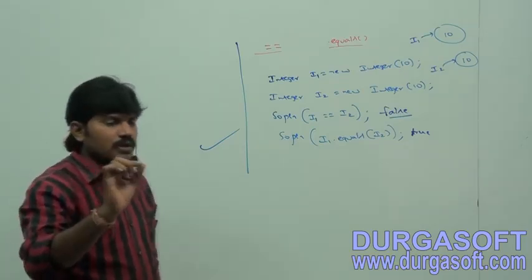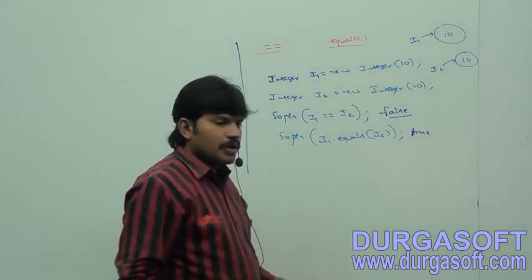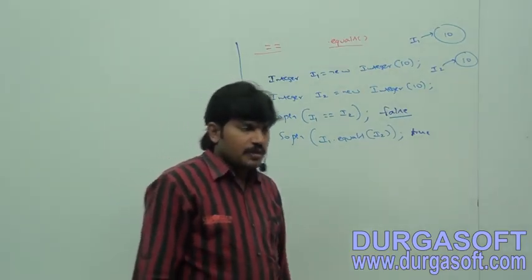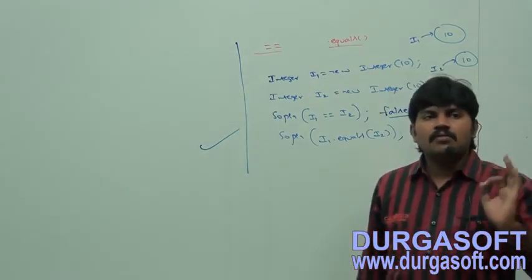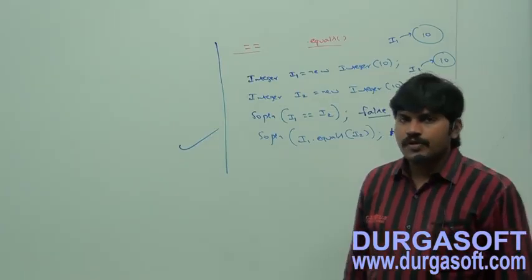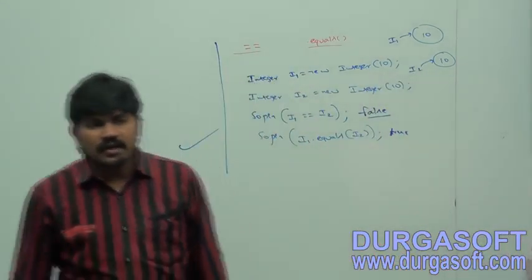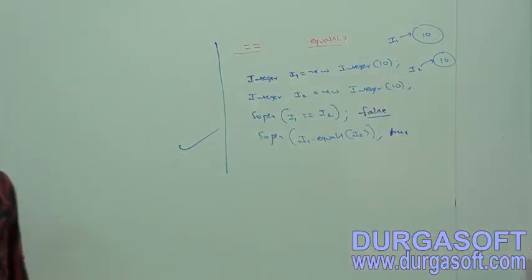Just add one note, or otherwise keep it. Difference between the double equal operator and the dot equals method.